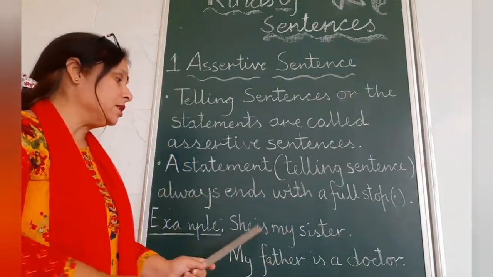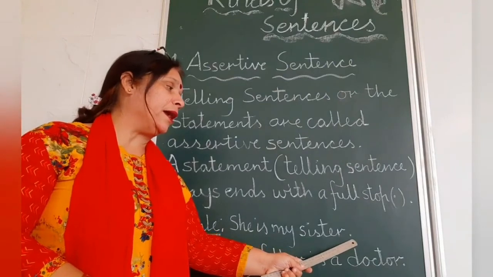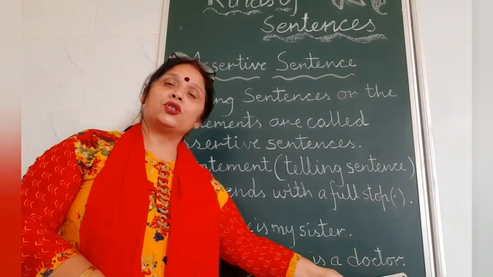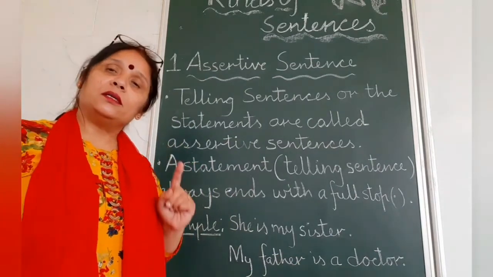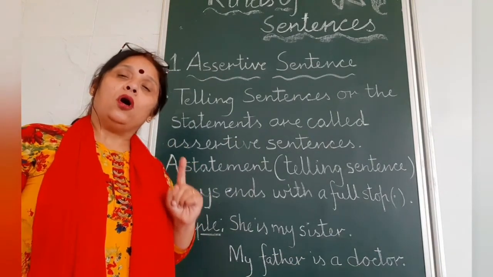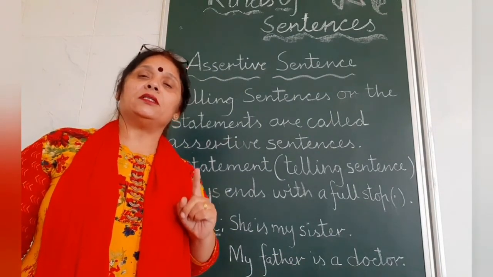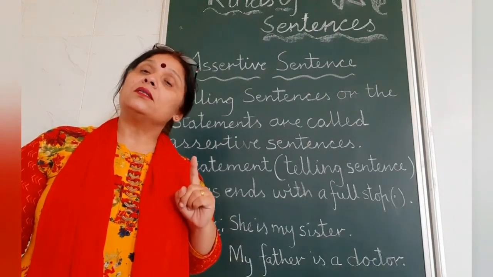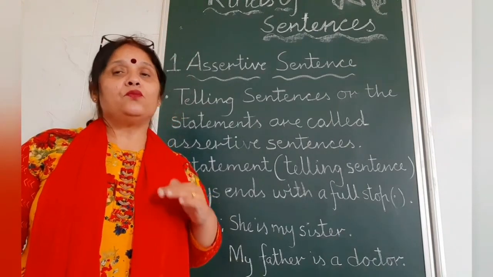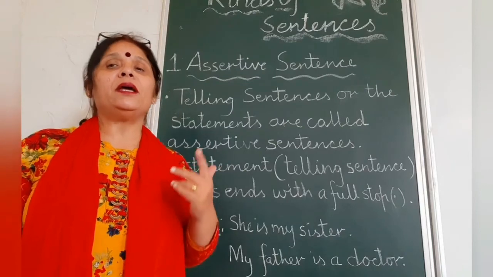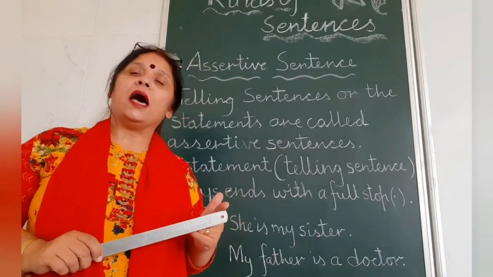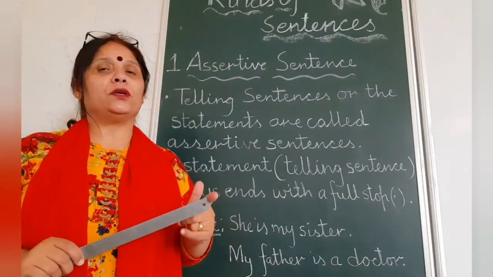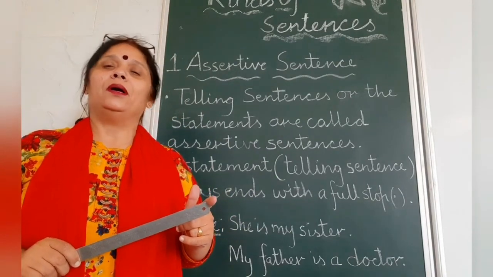You can see these statements are ending with full stop. Understand how to write an assertive sentence. Always an assertive sentence is a statement. Means we can say a statement is a telling sentence and it always ends with the full stop. Understand?